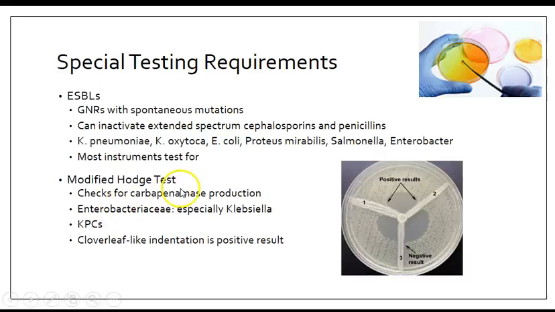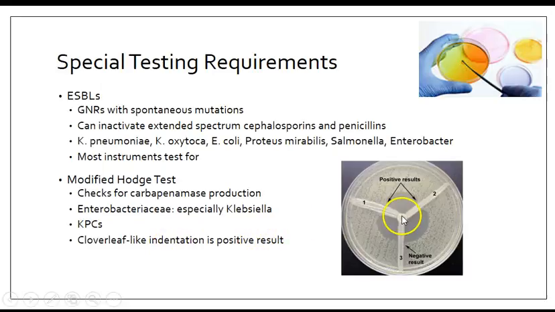This is not in your notes. This is called a modified Hodge test. This is done for Enterobacteriaceae, especially Klebsiella. Some of these gram-negative rods have developed a carbapenemase enzyme to make them resistant to carbapenems. And that's what this stands for, Klebsiella pneumoniae carbapenemase producing organisms.